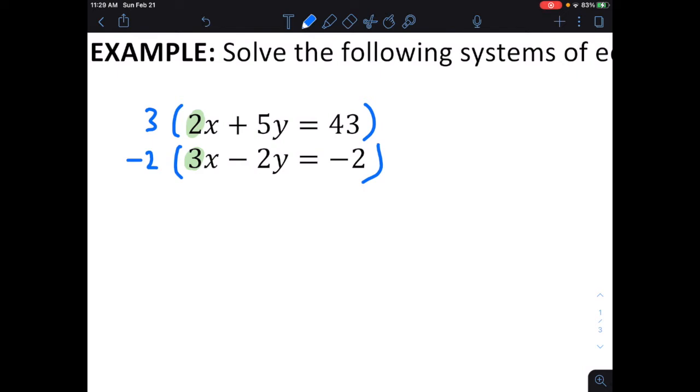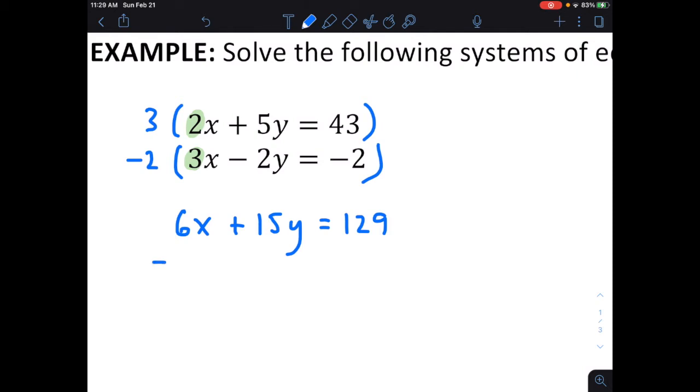All right, so we've got a lot of work to do here. So let's see, where should I put these? I'm going to put them right down underneath. So the first one, I'm going to say, all right, the first one is 6x plus 15y. Oh, 3 times 43, that's 129. All right, and the second equation I'm multiplying by a negative 2.